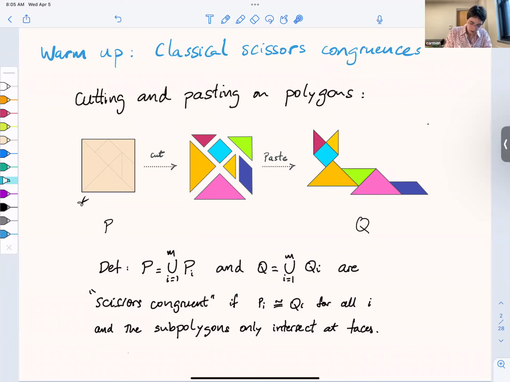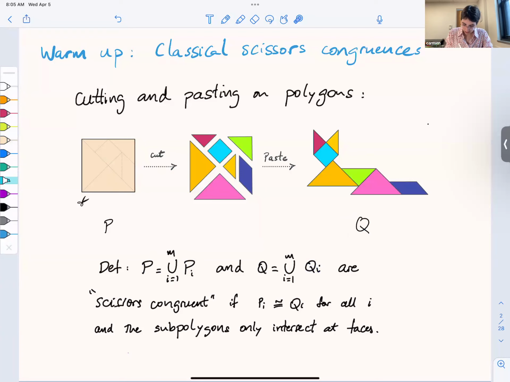So what we see here is that the original first polygon and the result after this operation of cutting and pasting, you could say that these two polygons are cut and paste equivalent, or scissors congruent. A little bit more formally, you have your polygon P, you divide it into the union of subpolygons P sub i, and then you do the same thing with your polygon Q, which is also subdivided into pieces.